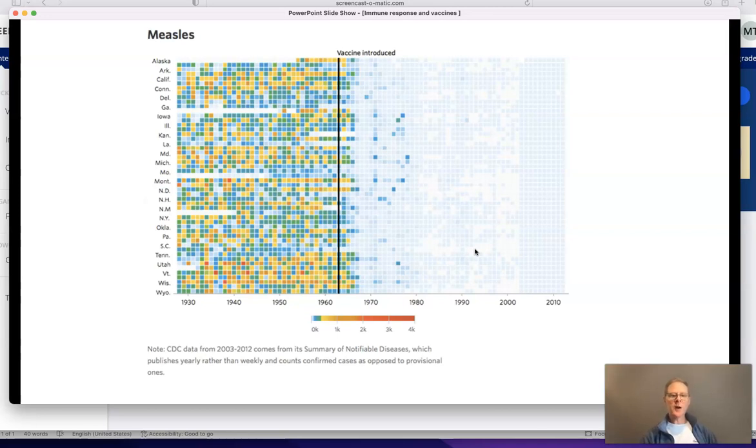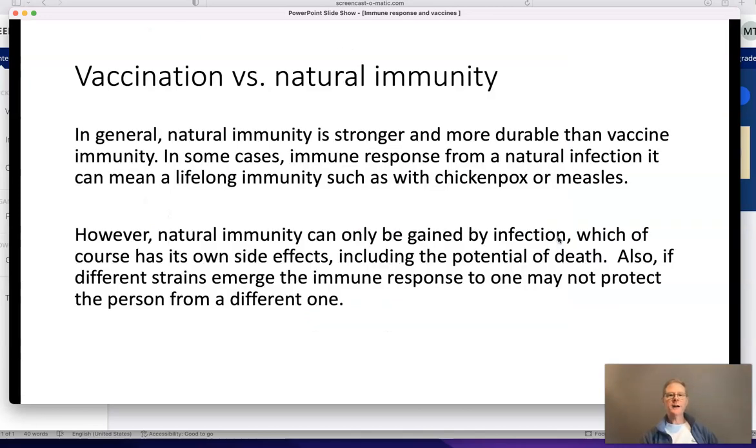Those are the red squares. Utah, Vermont, a lot of rural areas, I guess, lack of access to health care. Anyway, then you get the vaccine introduced and it virtually disappears. So vaccines can be quite effective is the lesson here, right?